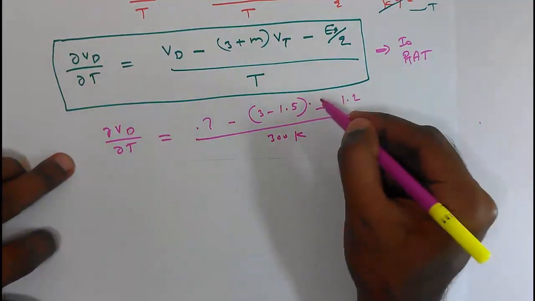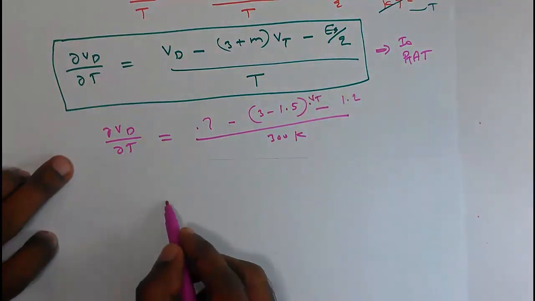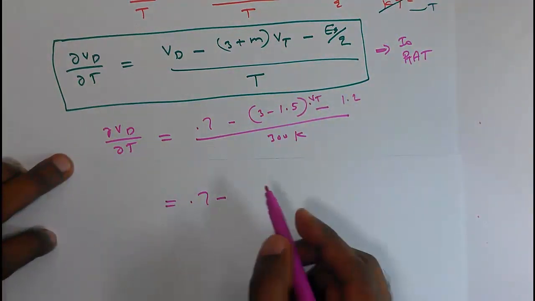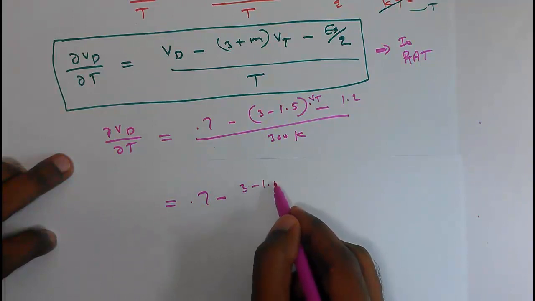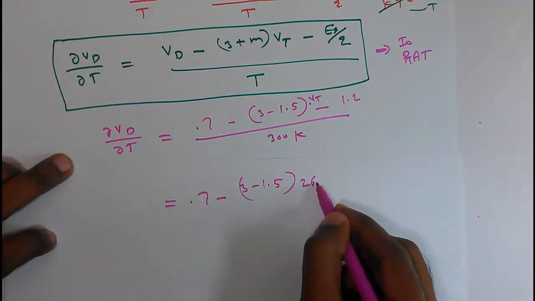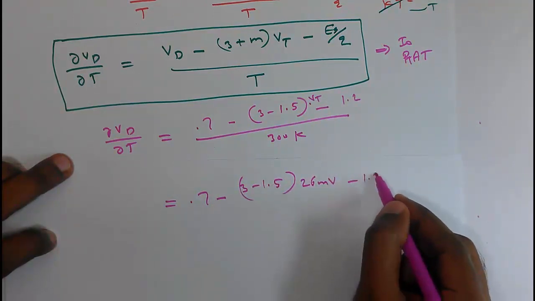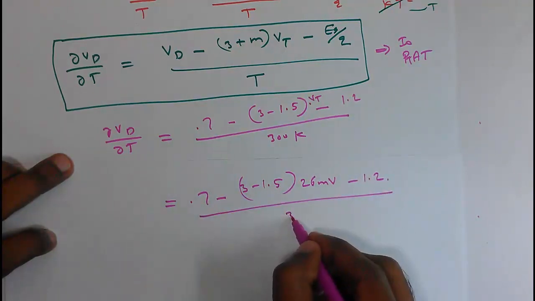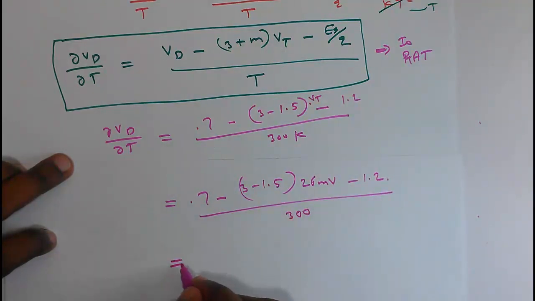Oh, we missed the Vt value here, that is equal to 0.7 minus (3 minus 1.5) into Vt, Vt is 26 millivolt, minus 1.2 all divided by 300.